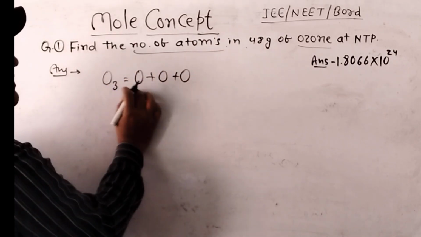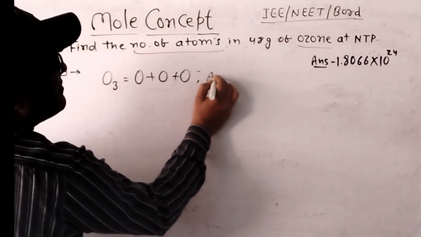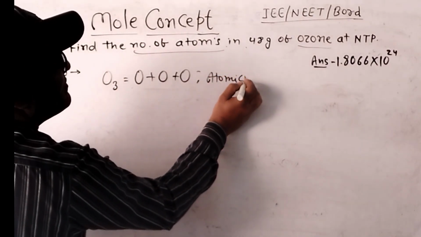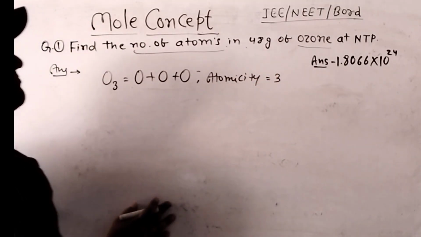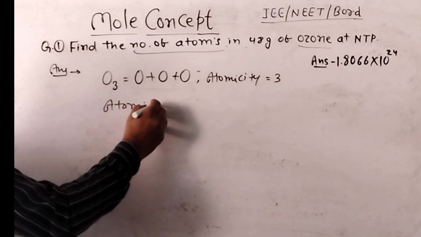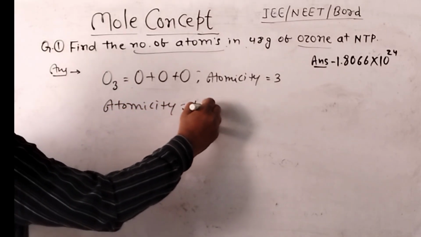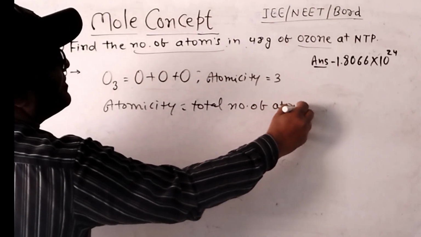Ozone molecule is formed by 3 atoms. So here the atomicity of ozone is 3. Now what is atomicity? Atomicity means the total number of atoms.